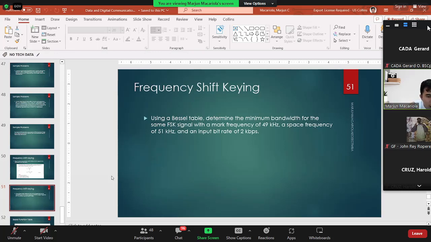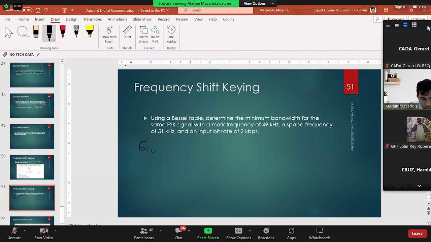Okay? So to be able to solve this one, we need to write the given. So ang given ay Fm, which is equal to 49 kilohertz. Fs is equal to 51 kilohertz. Okay? And Fb is equal to 2 kilobit per second.